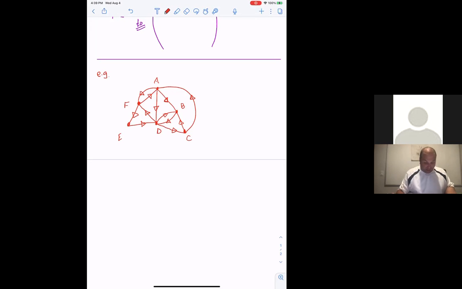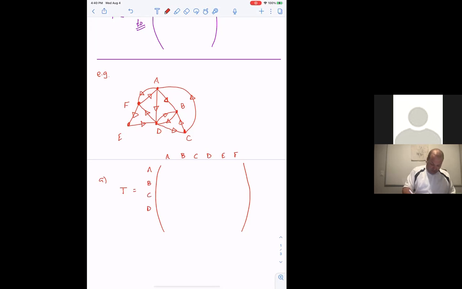For example, page A has links from both C and F and contains links to B, D, F. So part A: construct the transition matrix for a random walk around this graph. It's a random walk, which means every edge is as equally likely as the next one. So A, B, C, D, E, F. Okay. So A cannot go to A. So there's zero chance that A goes to A.